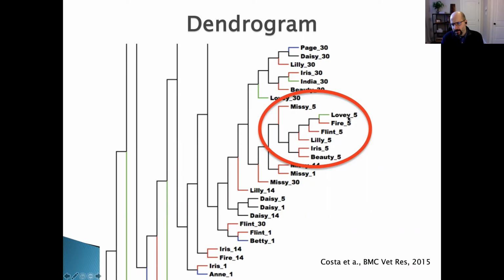Let's say here, Lovely and Fire would be E. coli and Shigella, because they have a very close genome, and therefore they would cluster together here, and we say that they are cousins or very, very similar. The conceptual definition is different, but the way they look is the same.